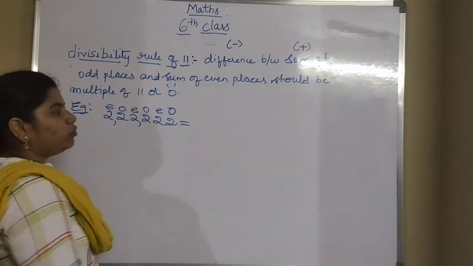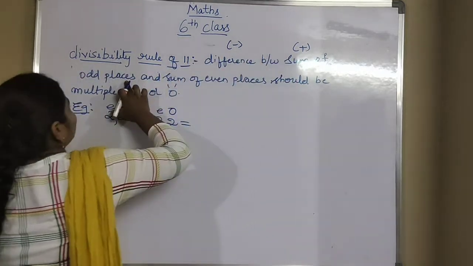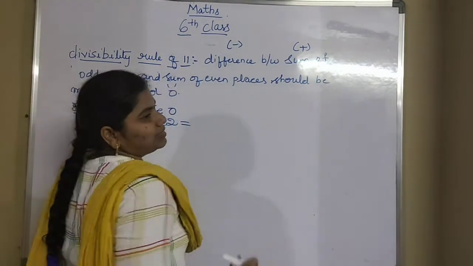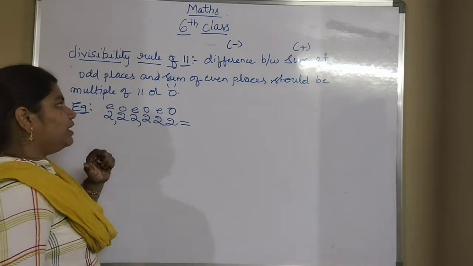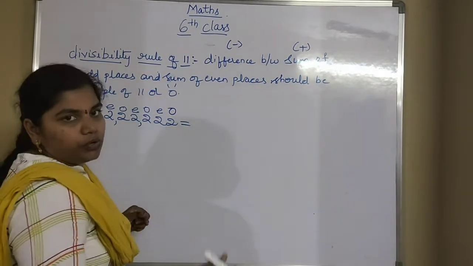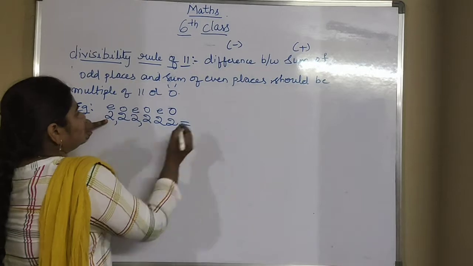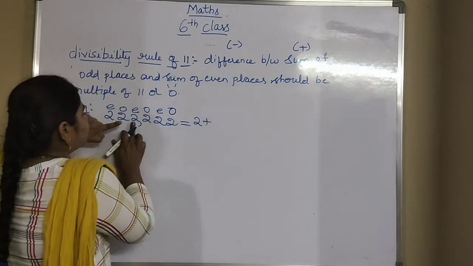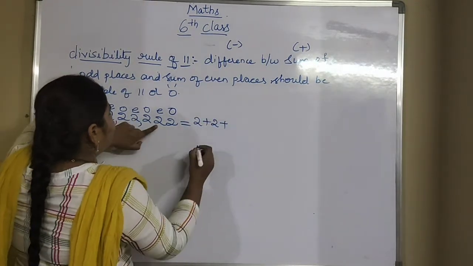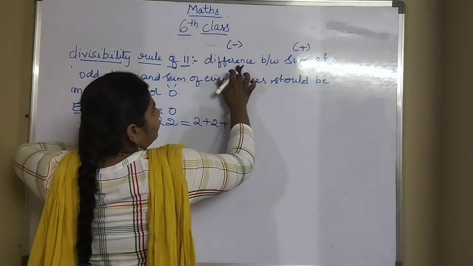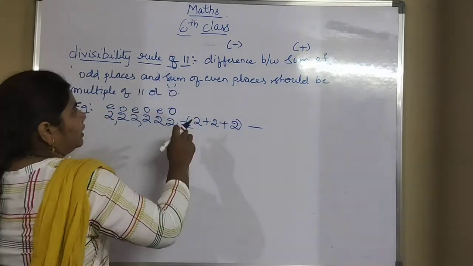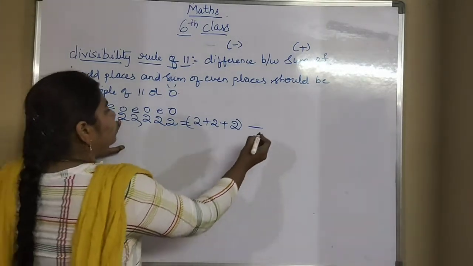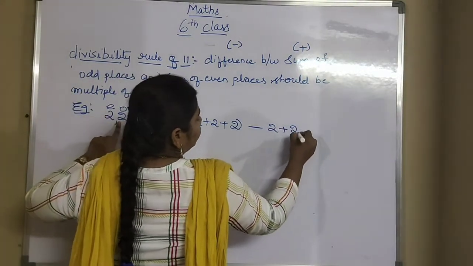Now what we have to do? Sum of odd places and sum of even places, and also we have to take the difference. First I am taking the even places, or you can take odd places also. First even places: 2 plus 2 plus 2, minus, and next odd places: 2 plus 2 plus 2.